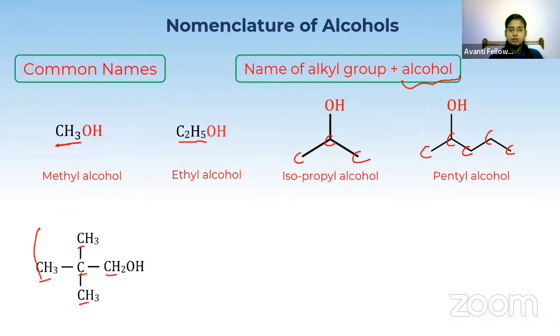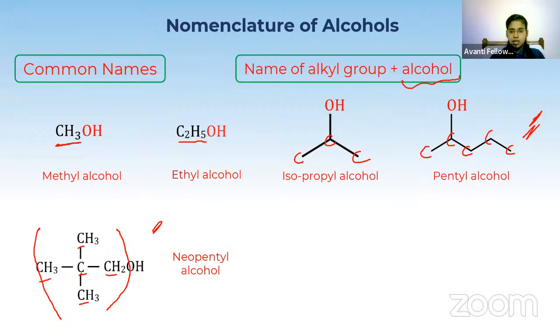This group is called neopentyl, so the name of this compound is neopentyl alcohol. This one is normal pentyl alcohol and this is neopentyl alcohol. The formula will be the same for the 4th and 5th compounds, but because of the different arrangement of carbon atoms, the name is different.